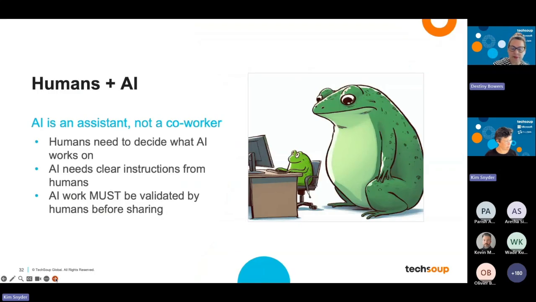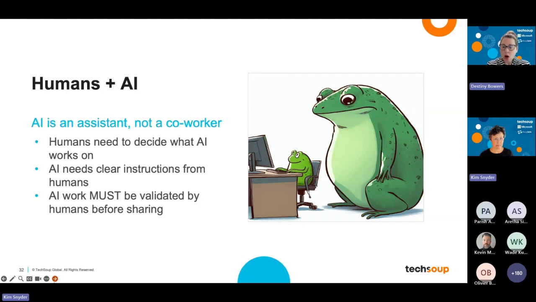And so the other nice thing about AI is it will not get tired of you asking the same question again and again until you start liking the results that you get.